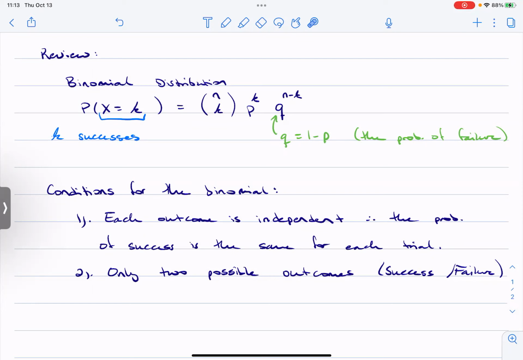What would you have to do? You would have to say, okay, less than 40, that's 0 or 1 or 2 or 3 or 4 or 5, all the way up to 40. Each of those would be one of these calculations. That sounds terrible, right? We're not going to do that. And so that's where the normal approximation comes in.